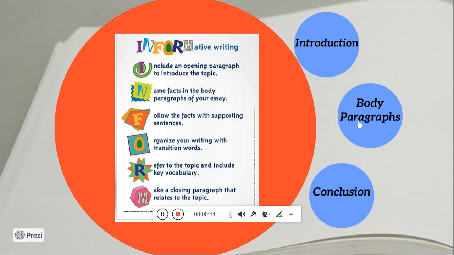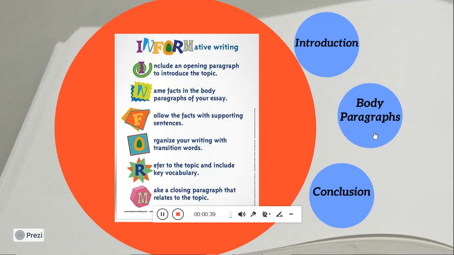Write the ideas you are going to write about in the body paragraphs before starting to write them, in order to be clear, concise and precise.